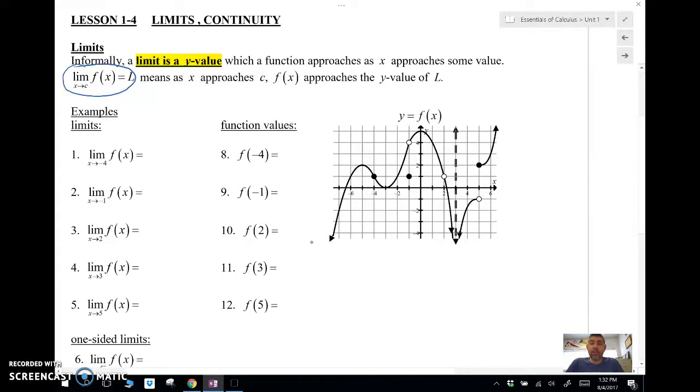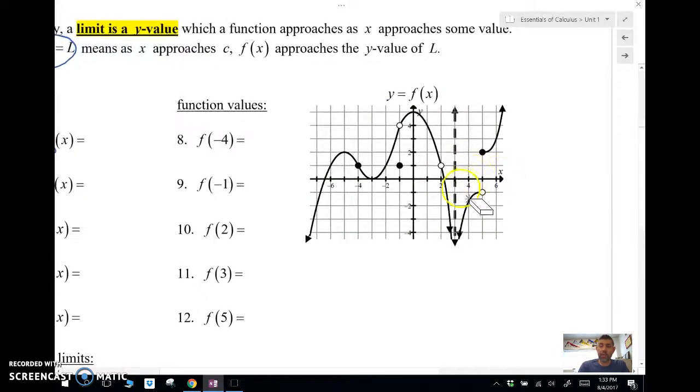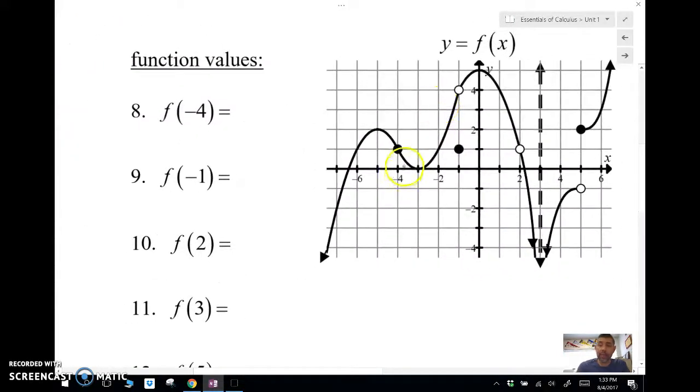So let's take a look at this graph and what I mean by a limit. The limit as x approaches -4. Here's our function f. It's all over the place. Here's x equals 4, but we're not looking at that. We're looking at x equals -4 right here. If I was walking along this graph, as x gets closer to -4, my y value is getting closer to 1.